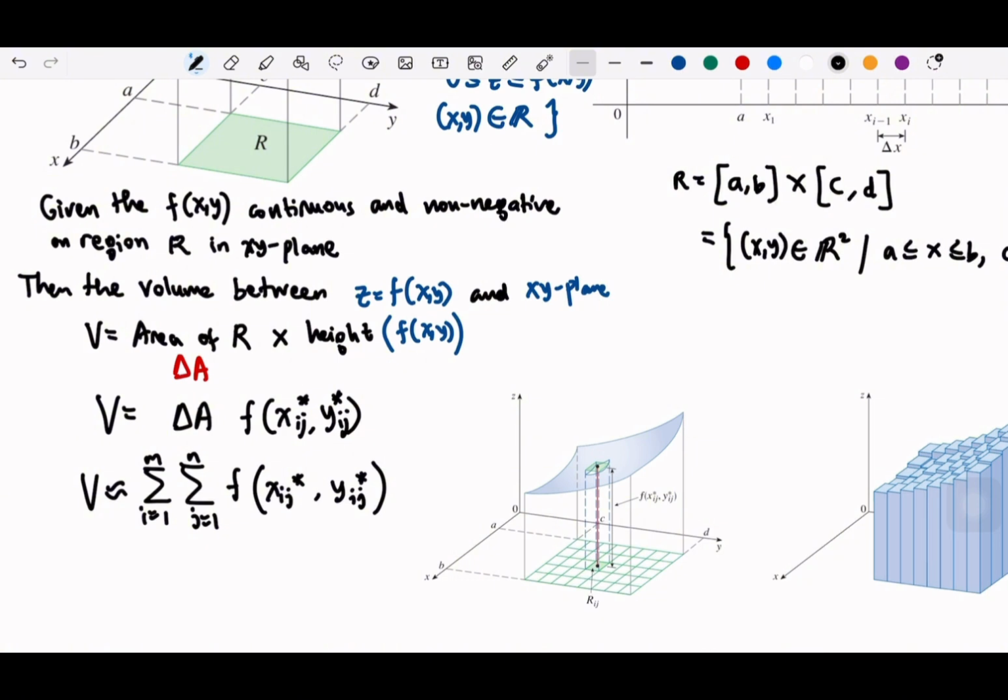We add all this stuff, which means the delta x multiplied with the delta y, and we add the sum for each one of the delta. Oh, I forgot the delta A.